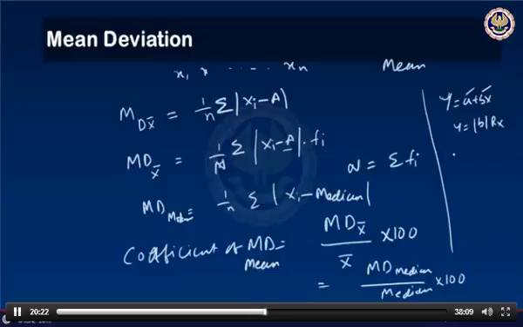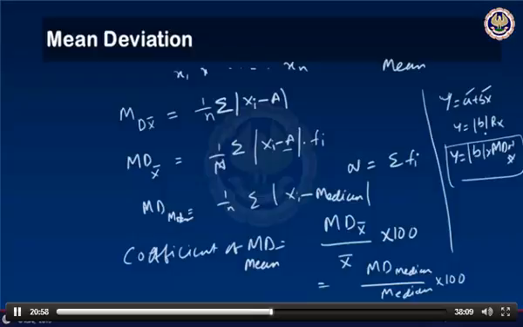Whereas in the case of mean deviation also, y is unaffected by origin, but it is affected by scale: modulus b times MD of x, the mean deviation of x. We have to remember this is applicable for the range formula as well as the mean deviation, the quartile deviation and the standard deviation.